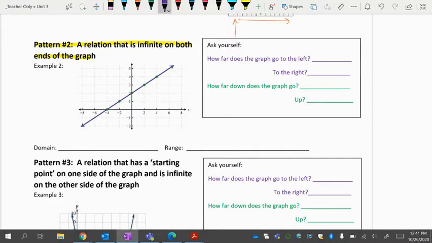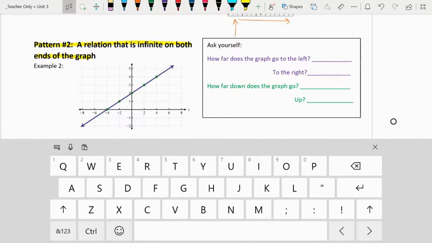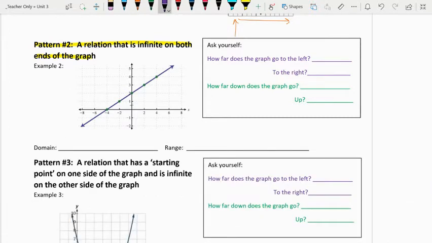But how I want you to think about it is what we have over here in the purple and green. We want to think about it as, how far does it go left? If you notice, it goes to the left and it's going to keep going to the left. It's going to get there eventually, so it's going to go all the way to -infinity.